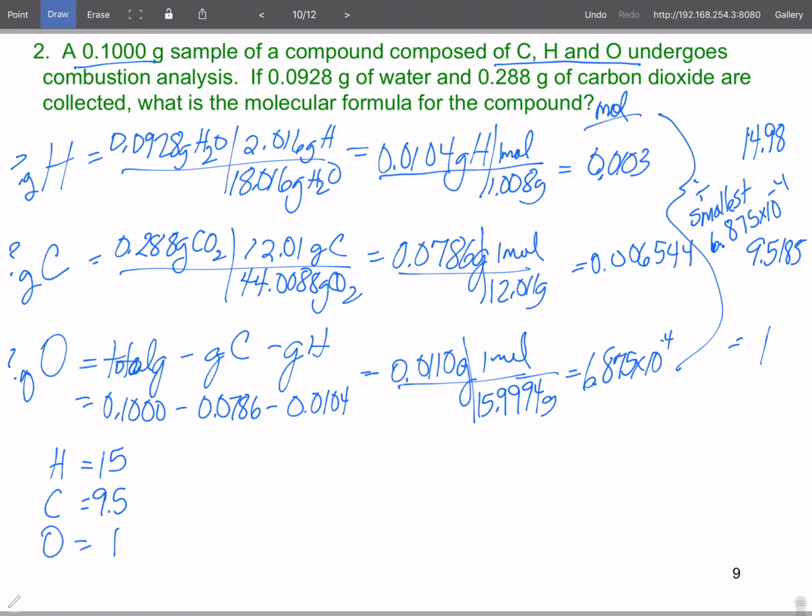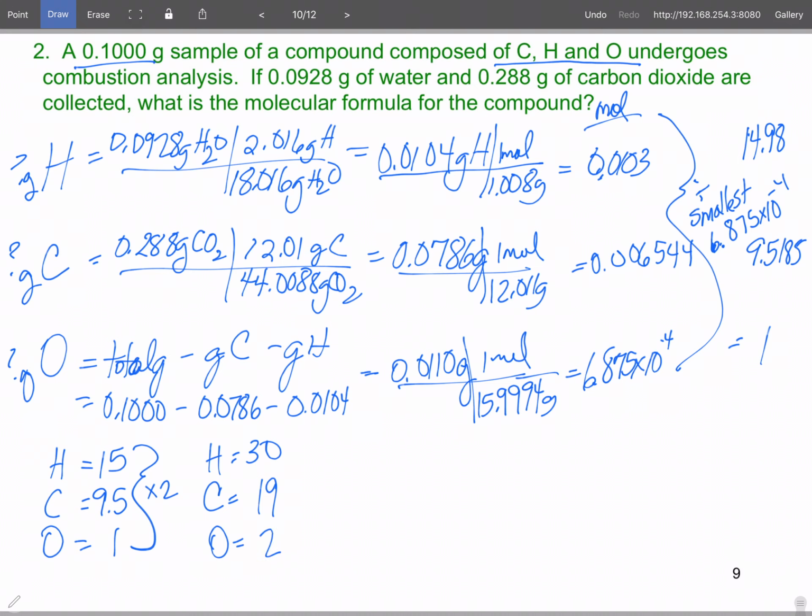So we look at the decimal, which is 0.5. So what do you multiply to get a whole number? Times 2. So we end up with hydrogen is 30, carbon is 19, and oxygen is 2.